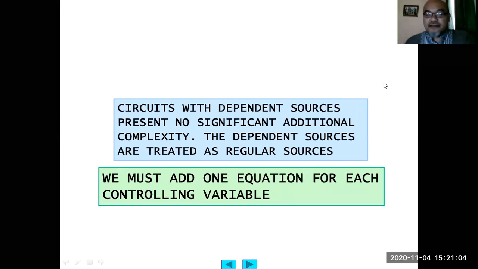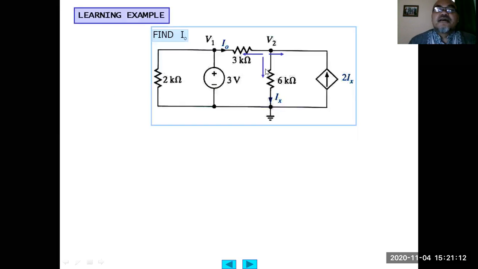Similar to the previous examples, you must add one equation for each controlling variable. An example here: we have one independent source of 3 volts, and we have one dependent source, a current-controlled current source, 2Ix, and Ix here is the current that flows through the 6 kilo ohm resistor here.